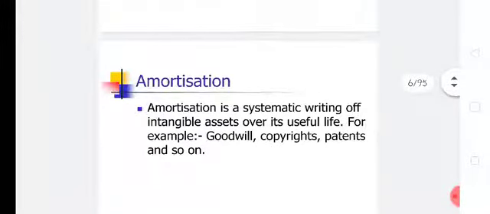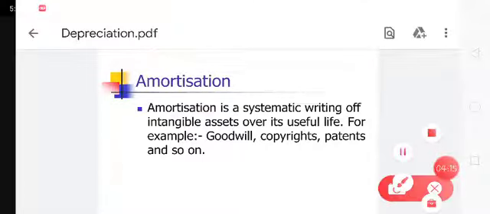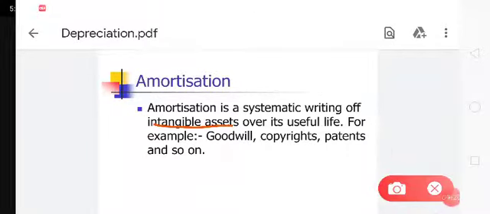After that, the second word, amortization. Now what is amortization? As we know, there are some intangible assets in our business. What is an intangible asset? Which you can't touch, you can't feel, but it exists in our business organization.